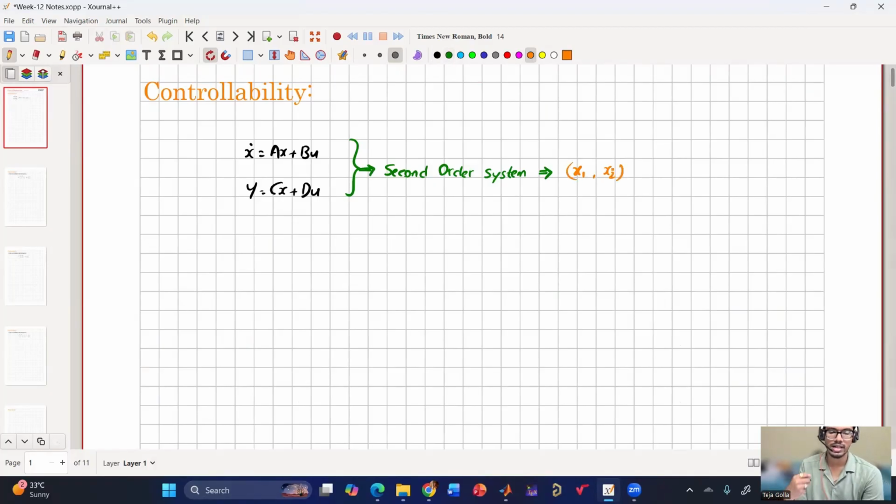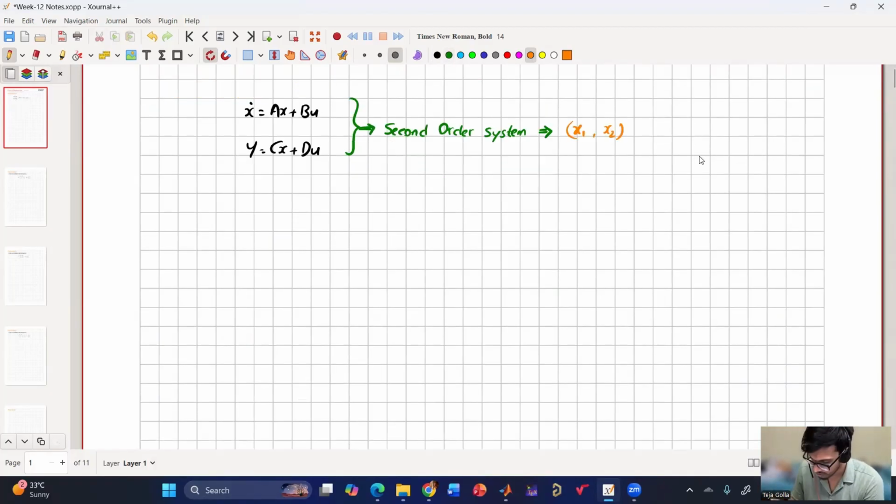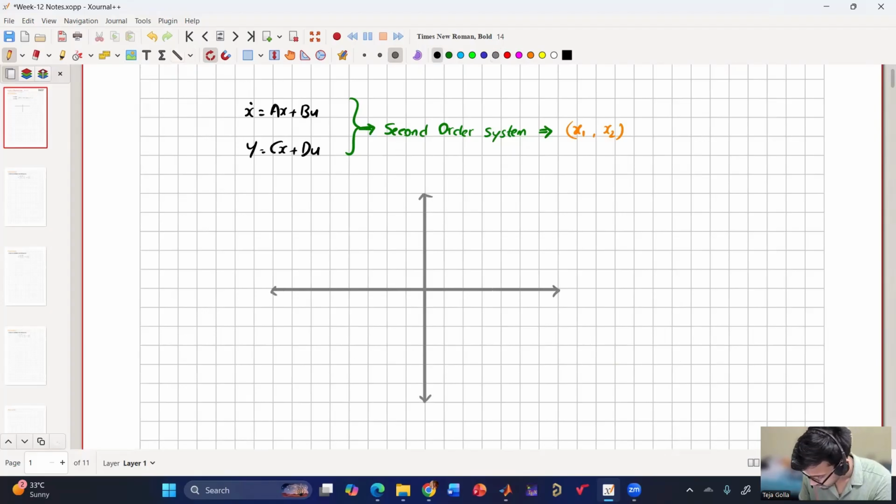So now if we see the phase plane where we are checking, let me draw the phase portrait. So we have variables x1 and x2. Say this is x1 and this is x2.